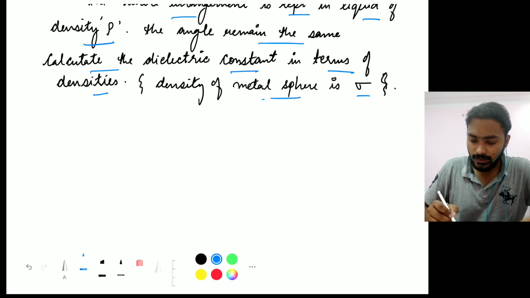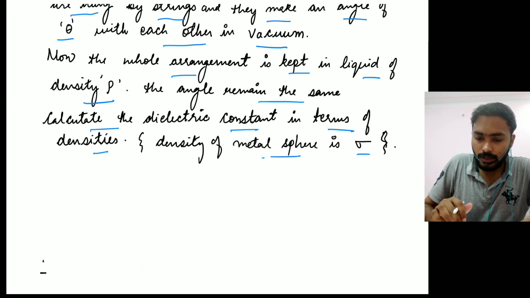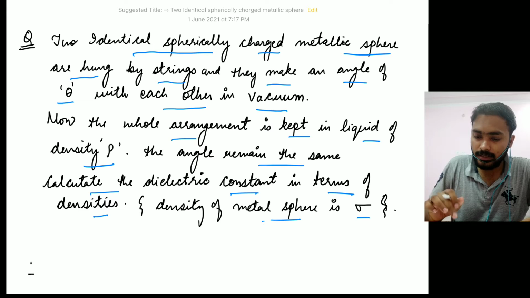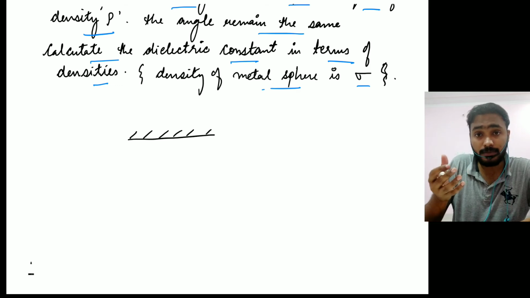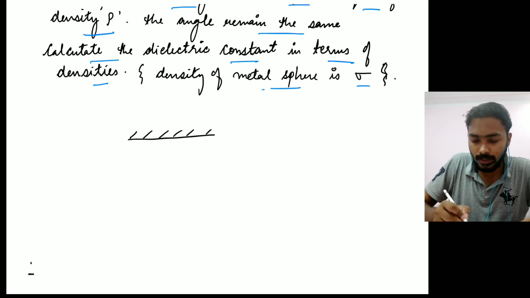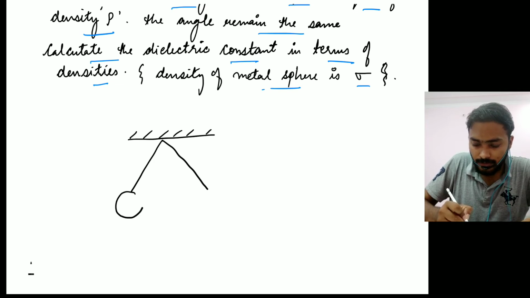So the question says that we have two identical spherically charged metal spheres and they are hung. Let's say this is my valve through which your metal spheres are hung. Let's say this is my first sphere, this is my second sphere. They are identical, by the way.